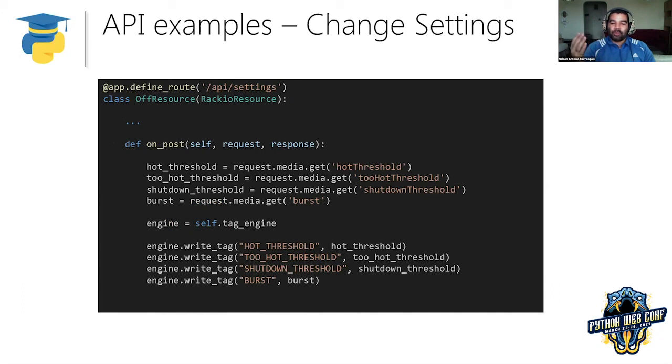We want to shoot more or shoot less. And we can use any of the features. In this case, we're using the tag engine. By the way, every time you inherit a class from Rackio, you will have all of the common services included. So the tag engine is by default in a parameter called tag engine.